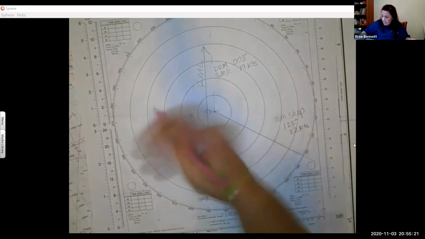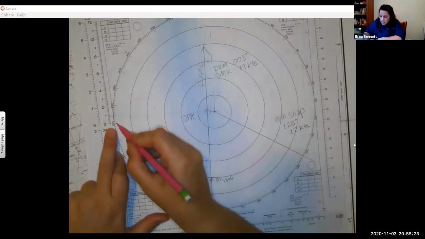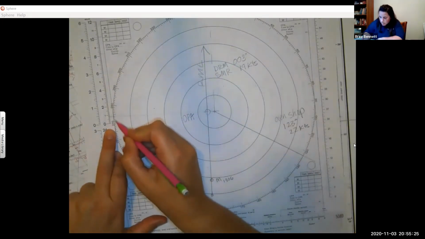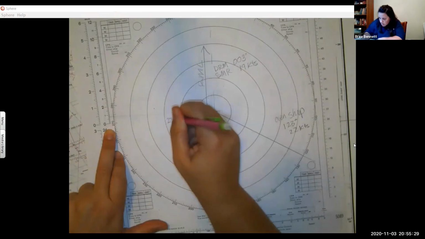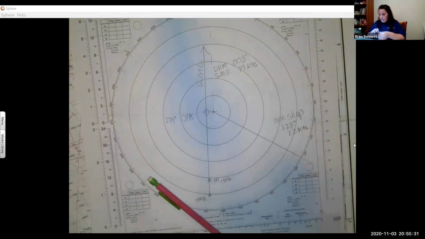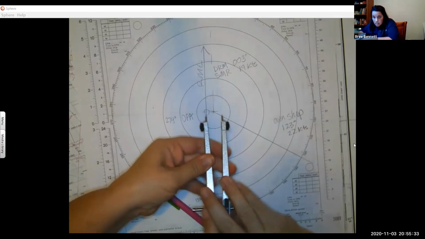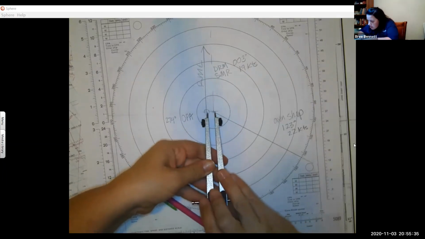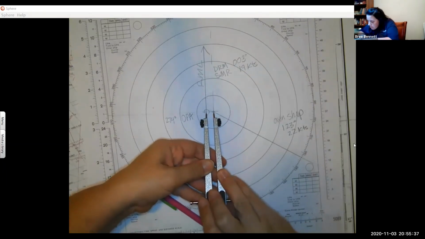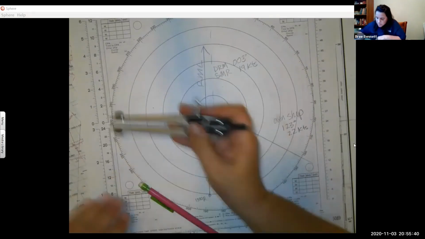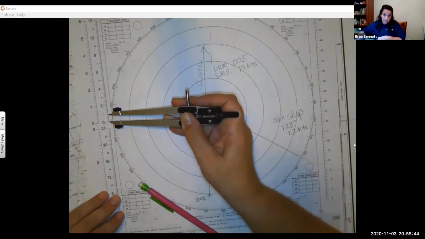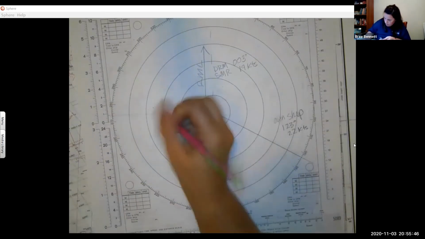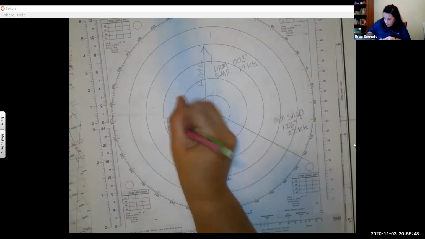So our CPA has a bearing of 274 at a distance of 0.9 nautical miles.